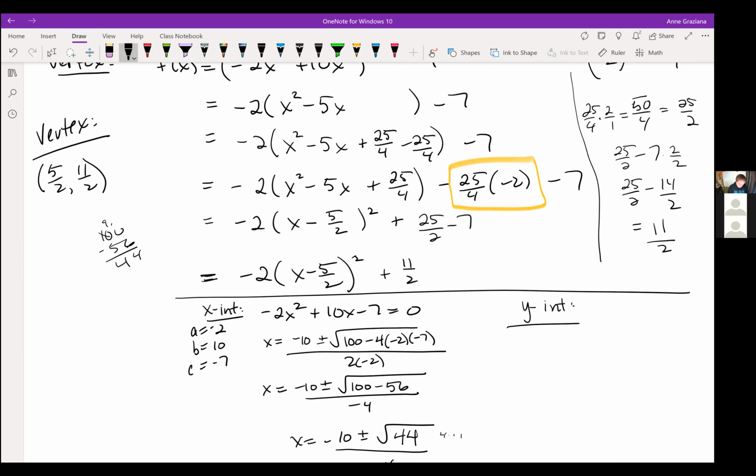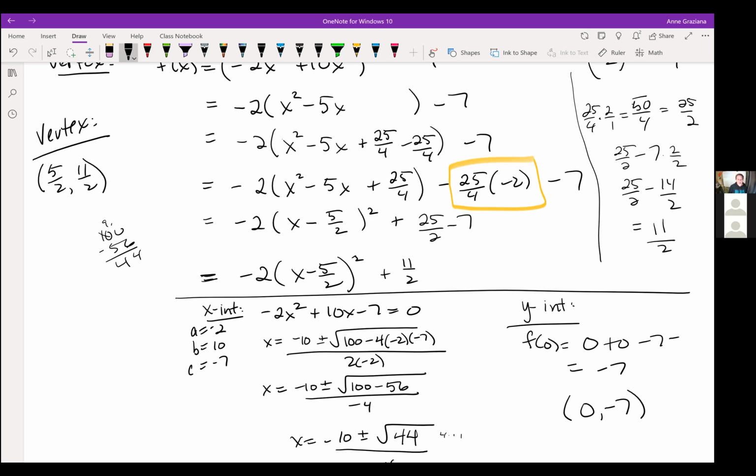We're just going to plug in 0. So you get 0 minus 7. So f of 0, let me put it this way. f of 0 is going to be 0 plus 0 minus 7, which is just negative 7. So that's 0 comma negative 7.